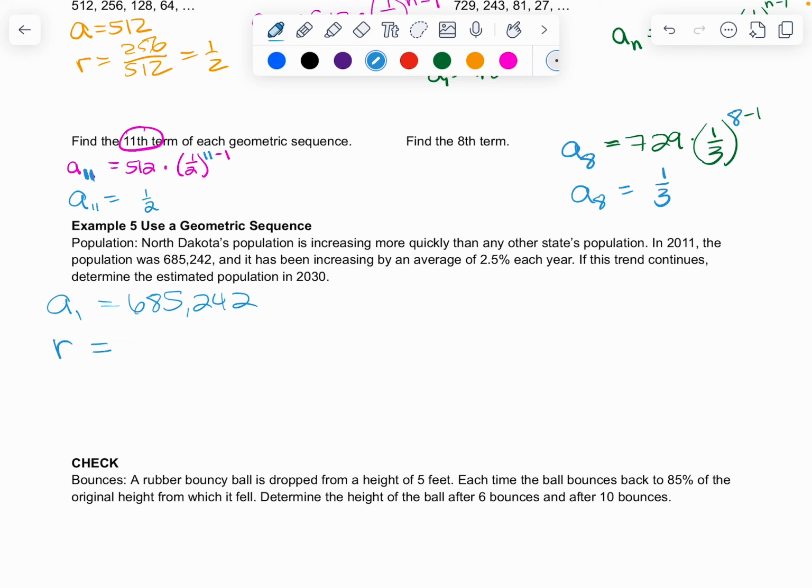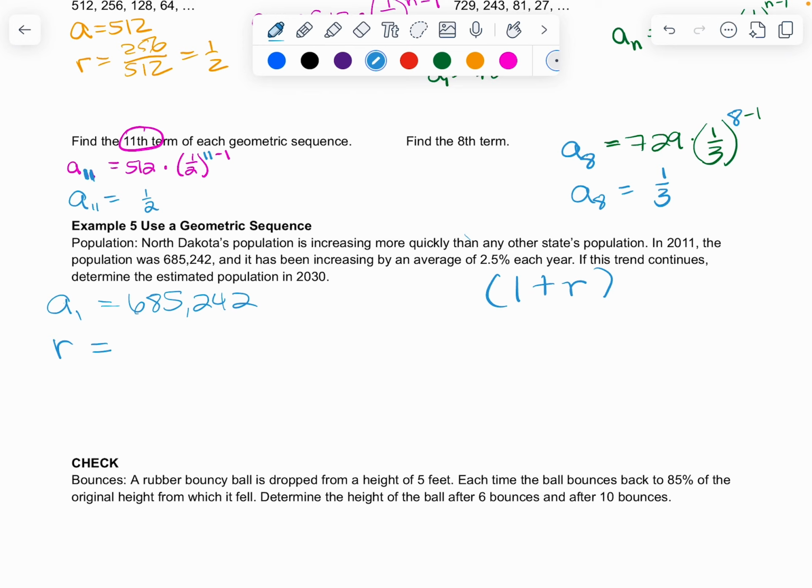Now be careful on this one because if I wanted to find what the 19th value was, I could do that. But this is going to want 1 plus r because I want the total population.